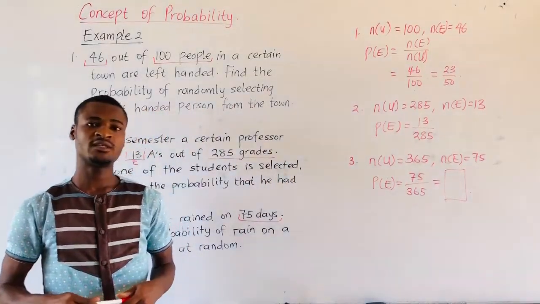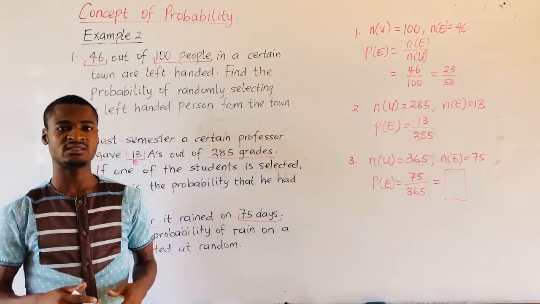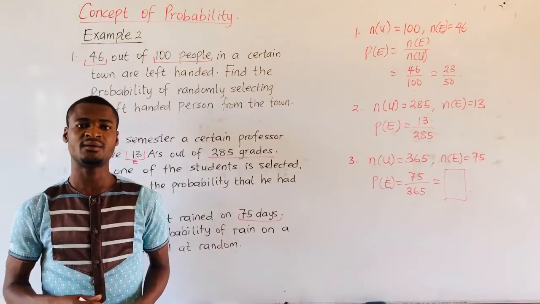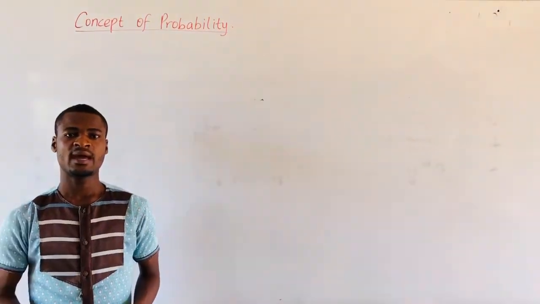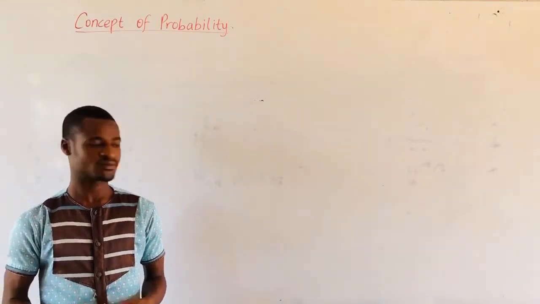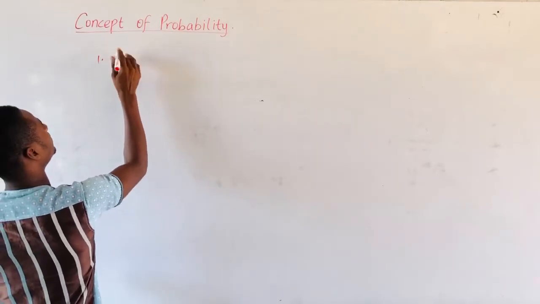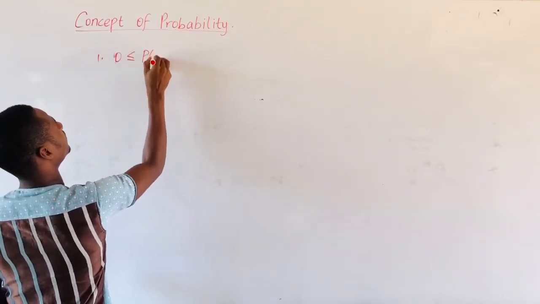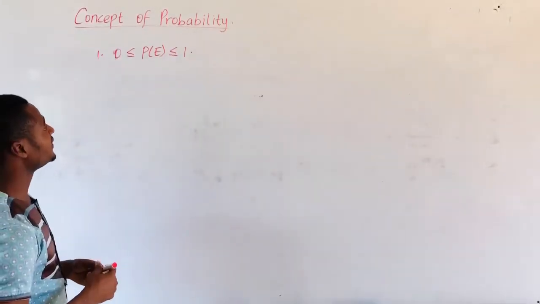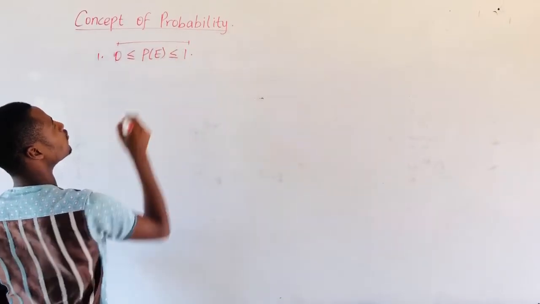Further, you must know that every probability must obey some conditions. So we are going to look at the conditions that every probability must obey. Every probability value must satisfy the following conditions. 1. The probability of an event always ranges from 0 to 1.